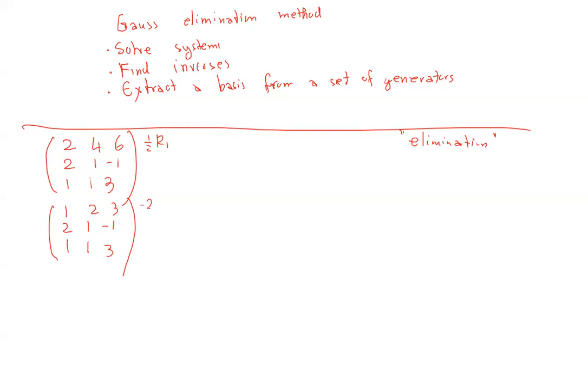So I do -2 row 1 plus row 2 and -row 1 plus row 3. And what do I get? I get 1, 2, 3. I get 0, -4 plus 1 is -3, -6 minus 1, that's -7. And then I get 0, -2 plus 1 is -1, -3 plus 3, that's 0. So far, so good?